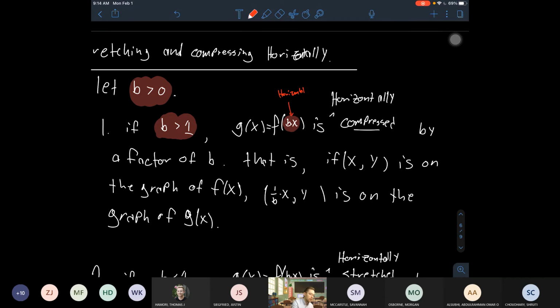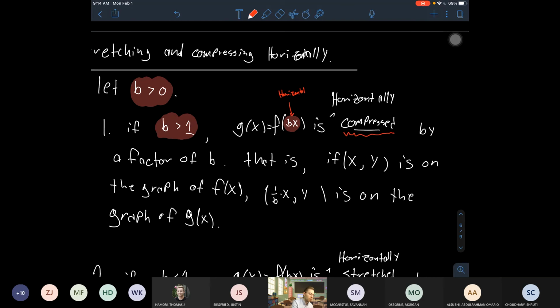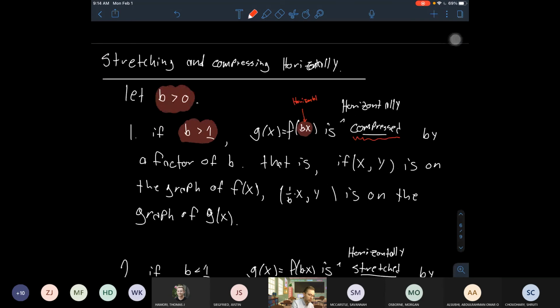And again, the words that are going to go here are going to be the opposite of what they were with the vertical world. When we multiply by something larger than 1 on the inside, we end up with a horizontal compression, which is the reverse of what happened with our vertical stretches.